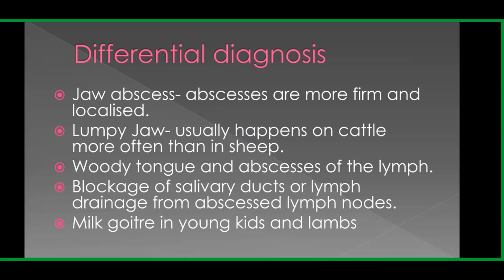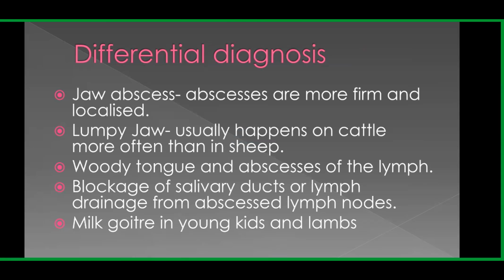For differential diagnosis, as I said, we have to differentiate between certain conditions like jaw abscess. Earlier also I said, because of certain obstruction in the salivary gland and of certain lymph nodes, there will be a regional swelling in the jaw region, and that may be mistaken for bottle jaw.